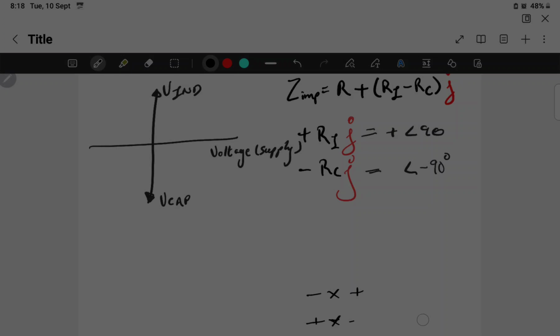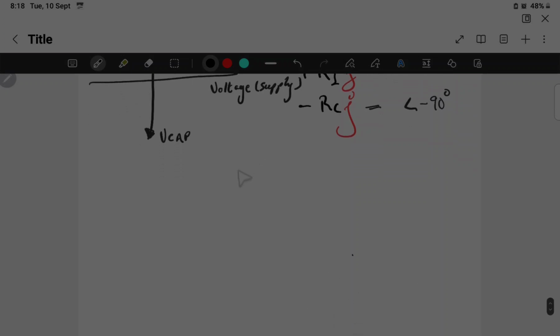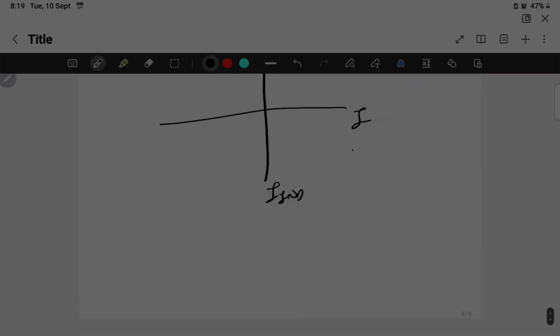But for the current, it's kind of different, right? For your current, it's going to be slightly different, where your real still remains on the x-axis. So this is your real current, right? And then your inductance becomes negative and your capacitor becomes positive. I explained in the previous class the reason for that.